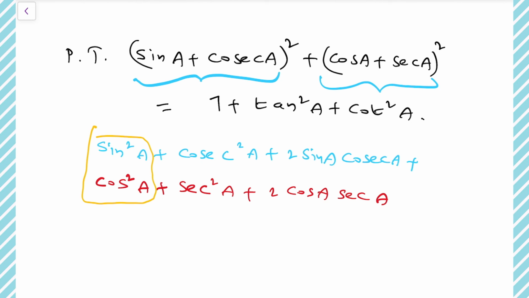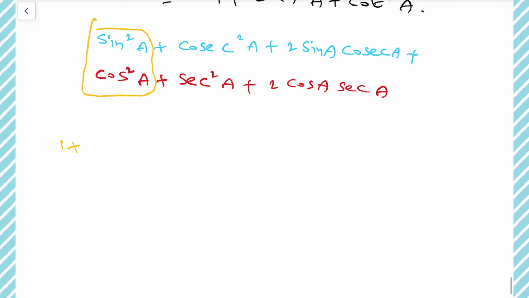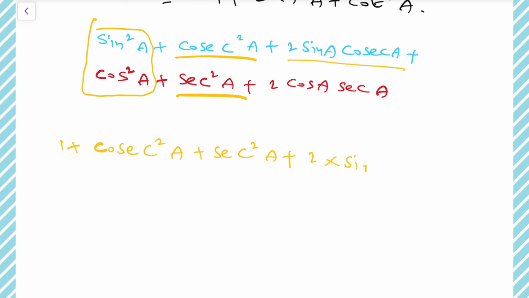Sin square A plus cos square A, it is one of the identities, that equals 1. Plus cosec square A plus sec square A, I am writing as it is. Plus 2 into sin A as it is into cosec A, I am writing it as 1 by sin A because cosec and sin are reciprocals of each other.